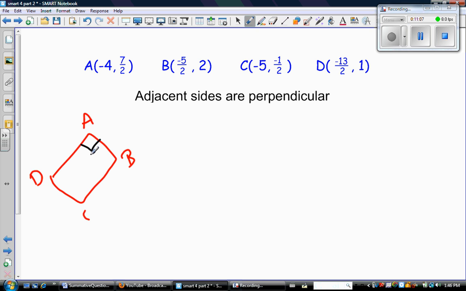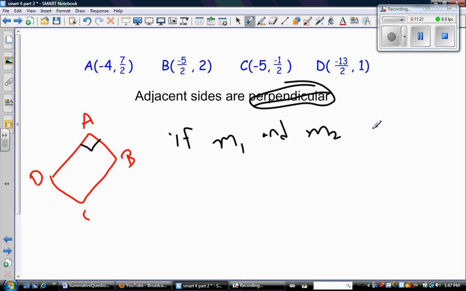So what does it mean to be perpendicular? If two slopes, M1 and M2, are perpendicular, then what do we know about M1 and M2? I know a lot of you would say they're negative reciprocals, but when you're asked to verify or show that, it's really tough to show that without just saying, look, see?